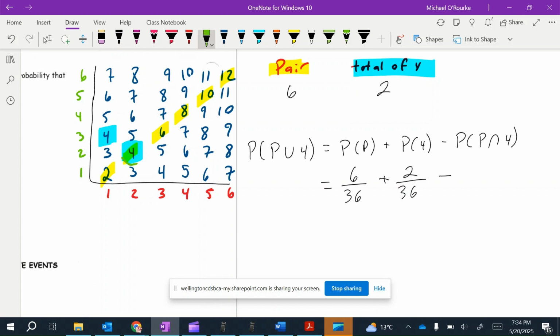Yes, I do, right here. So there's a 1 in 36 chance they both occur. So I have to subtract those off or I'm going to be double counting. As in, there's a 4 in this one and a 4 in this one, so I'm going to count it twice when it only can exist once. So my total there is going to be 7 over 36. That's the probability of me getting a pair or a 4.